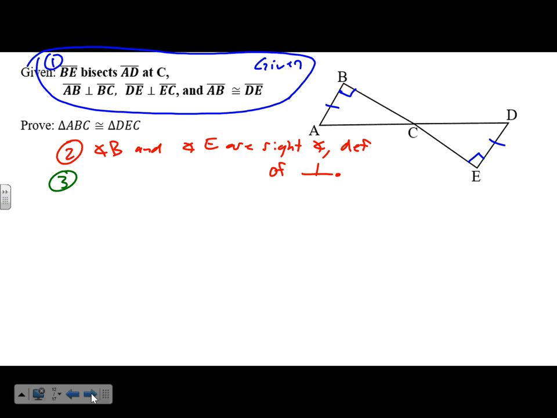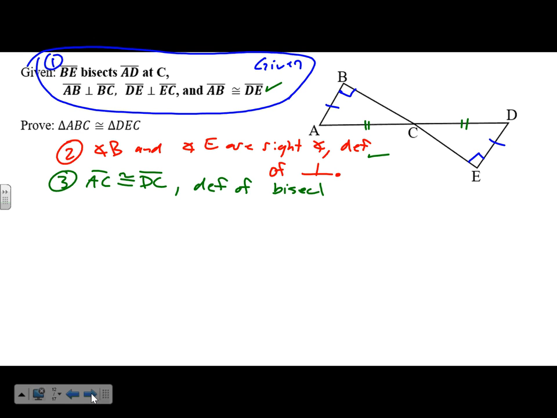So we know they're right angles, so that's good. I know that AB is congruent to BC, that's fine. And BE bisects AD. So that means if it bisects it, it cuts it in half, which means AC is congruent to CD. And we know that because of the definition of bisector.